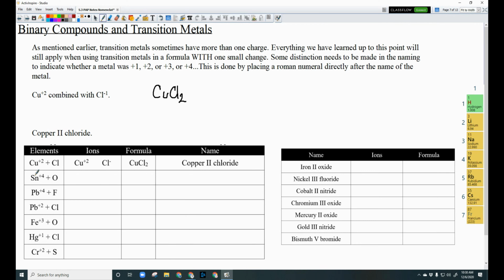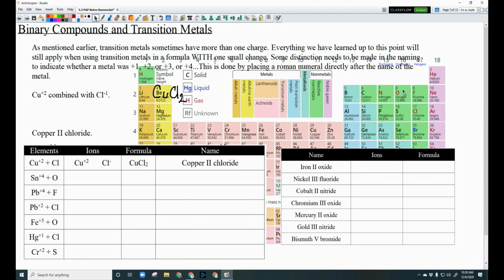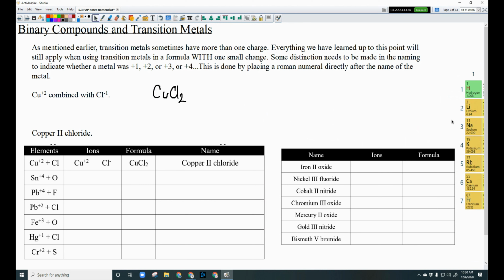All right, so here we have tin. Tin is a +4 ion, and oxygen. It says here that oxygen doesn't have a charge, but oxygen really does have a charge, so it wants us to recognize that charge and put it in there.